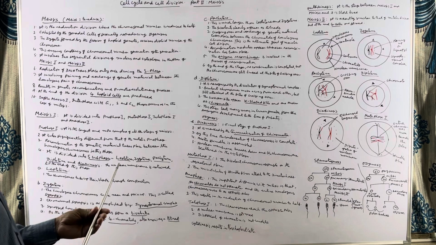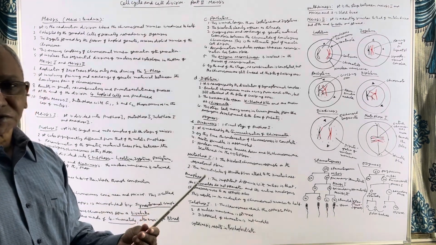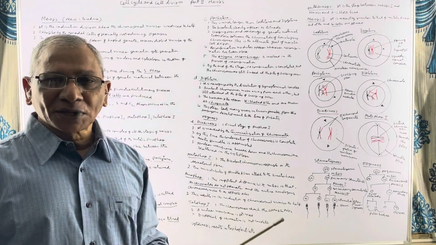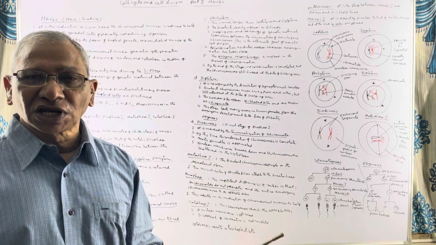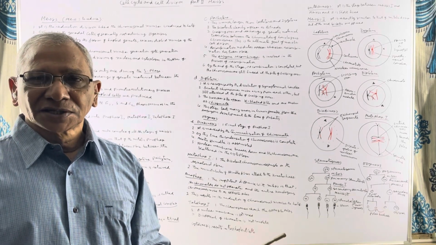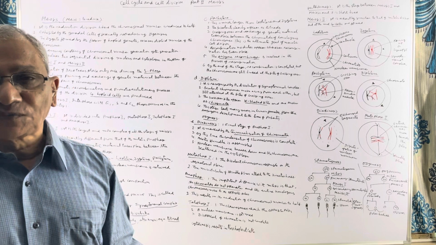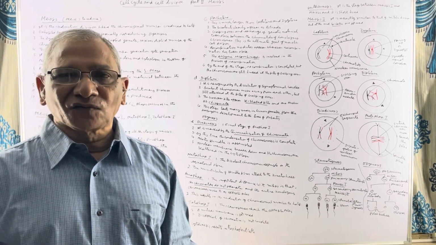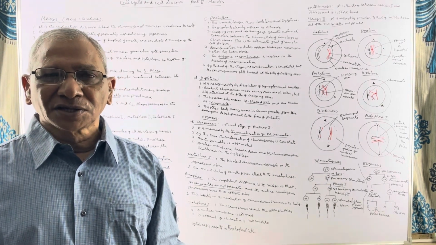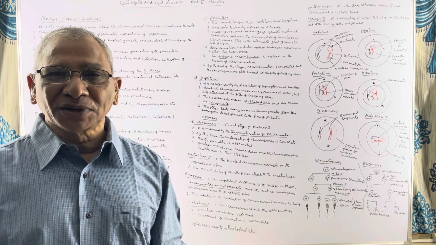Then, in meiosis, the duplication of DNA takes place only once, that is, during the S phase of the resting stage before meiosis 1 begins.